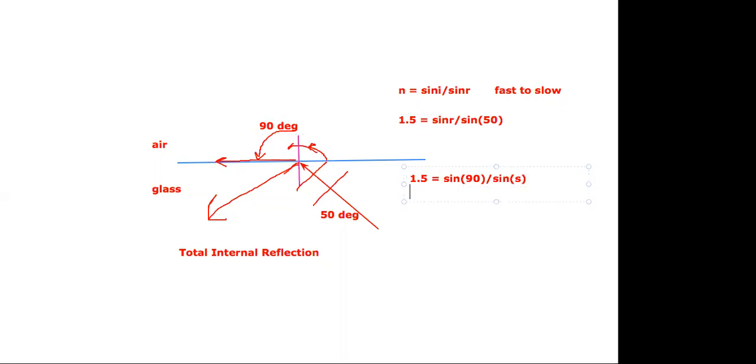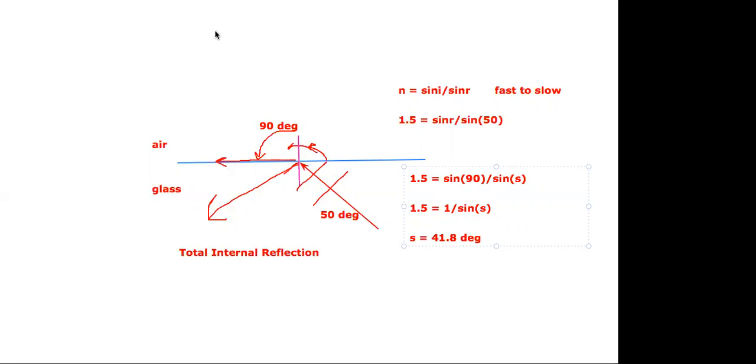Sometimes I write S for slow, F for fast. What is that slow angle? Well, the sine of 90 is 1. Let's calculate what S is. We're going to take 1, divide by 1.5, and do inverse sine. I get 41.8.